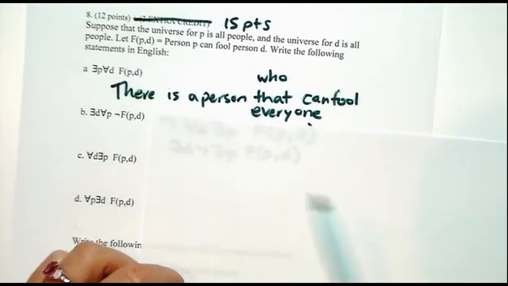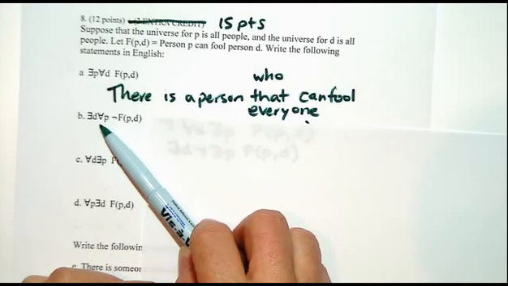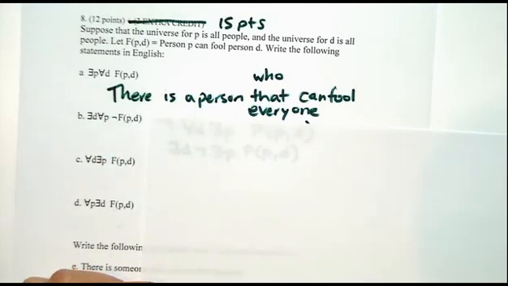So this statement says, there's someone being fooled. So there's someone that for each person, they cannot fool them. Right? I mean, we don't usually speak with language like that, right? So it says there's someone so that for each person, that person cannot fool the first person. That's awkward. You can write it, right?